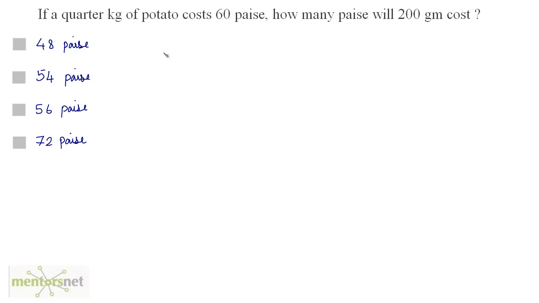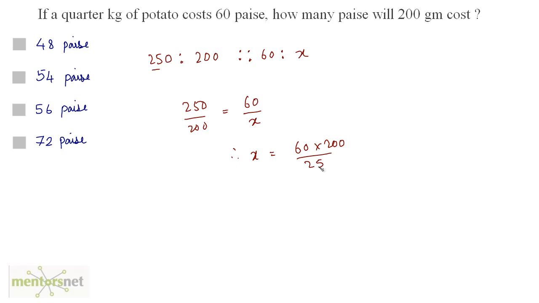Let's take the ratio of the quantity of potatoes, which is a quarter kg, is 250 grams, is to 200 grams. The cost of 250 grams of potato is 60 paise. So 60 is to, let the cost of 200 grams of potato be X. So I have 250 by 200 is equal to 60 by X, and therefore X is equal to 60 times 200 by 250.